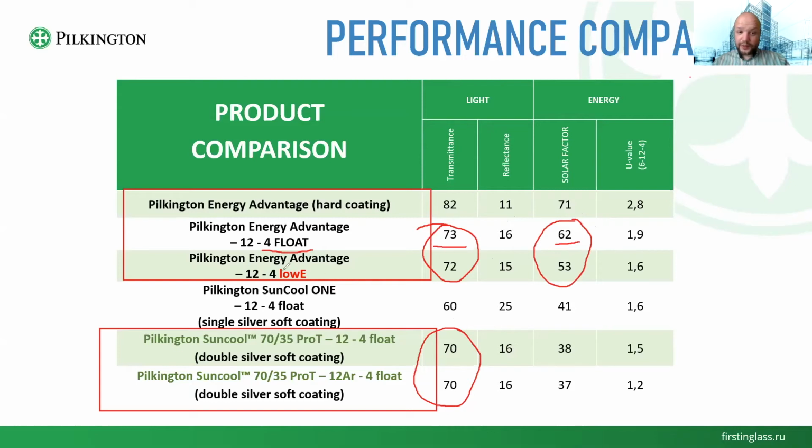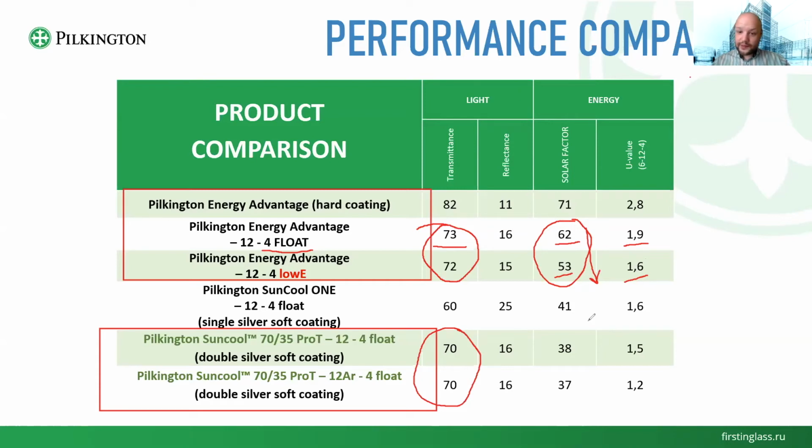But when you put a low E glass in there, you not only have a decrease of the U value, so the U value is way better, but you also see that the solar factor goes down. Why that is happening, I will be explaining right after this slide. Now, just see the dynamics.